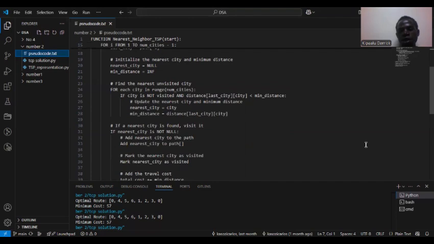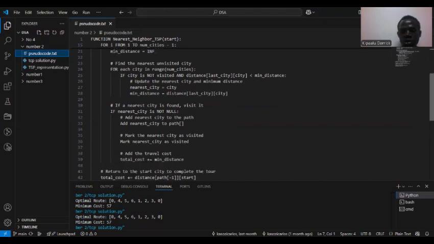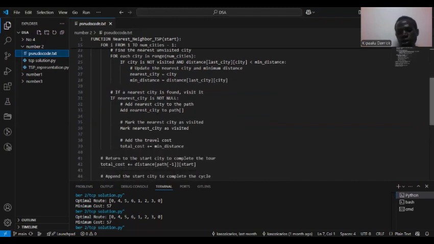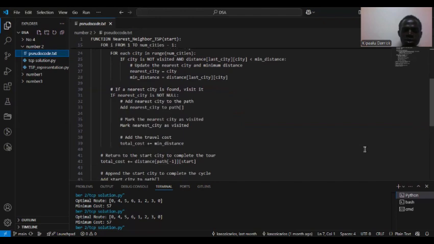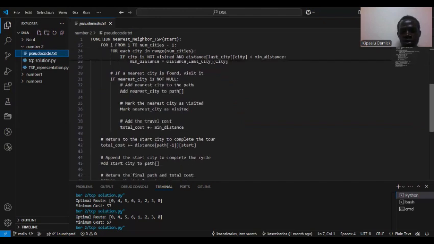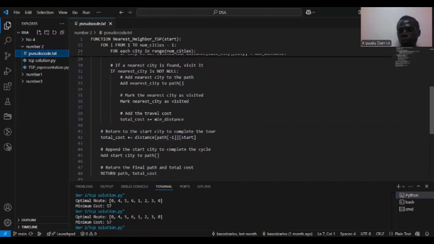In case a city is not visited and its distance is shorter than that of the one we have just visited, we update the path to include that nearest city. We also update the minimum distance to the distance of the last city that we have just visited. Then, in this pseudocode, we return the optimal path and the optimal cost.